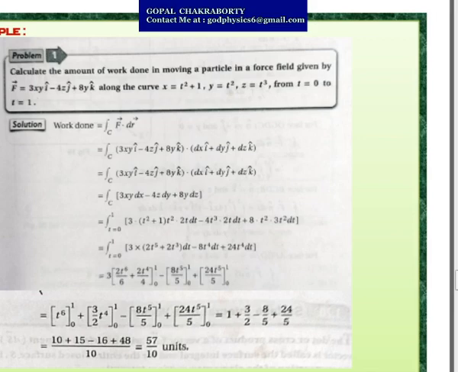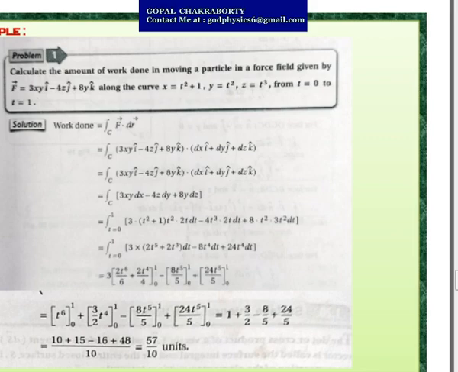That is the fourth line of this equation. Now in the fifth line we have substituted the values of x as well as dx, y and z as well as dy and dz. You can simply find x equals t square plus 1, so your dx value is 2t dt. Similarly we have substituted all these values, and the limit of t is already given, t equals 0 to 1.